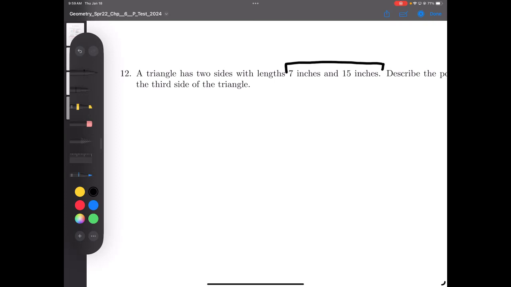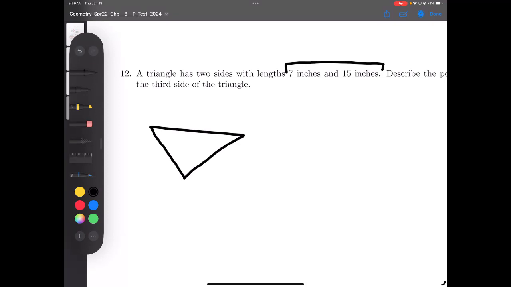Like if you drew a triangle. If I have 7 and 15, what should the last length be?